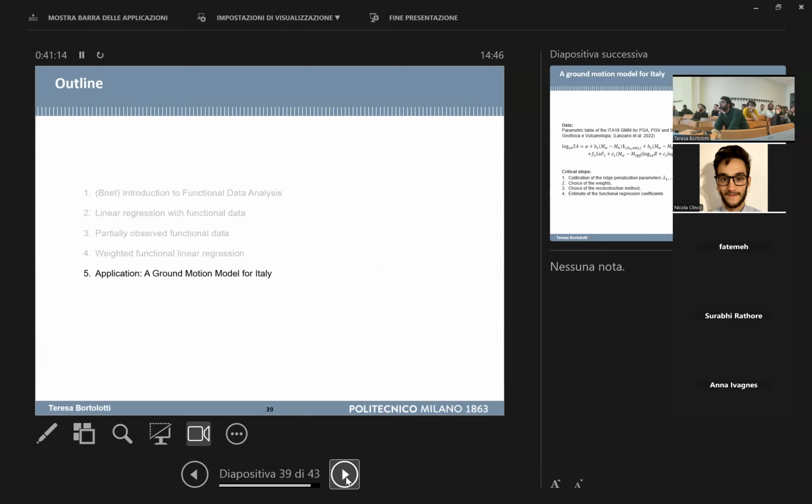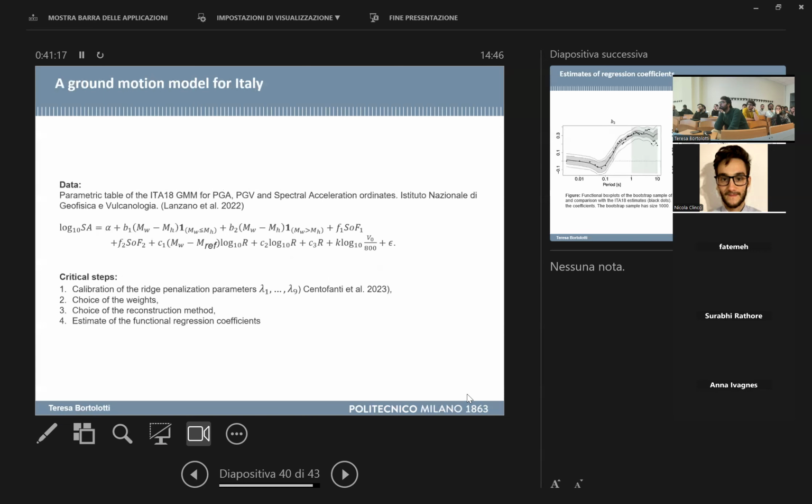Now going to the application, this is the parametric form of the ground motion model that is currently used for Italy, and then we wanted to extend it to the functional setting. So these are the coefficients of the regression, and these are the covariates. For example, these ones are categorical covariates indicating the style of faulting, whether it is slip or fast faulting or something like that.